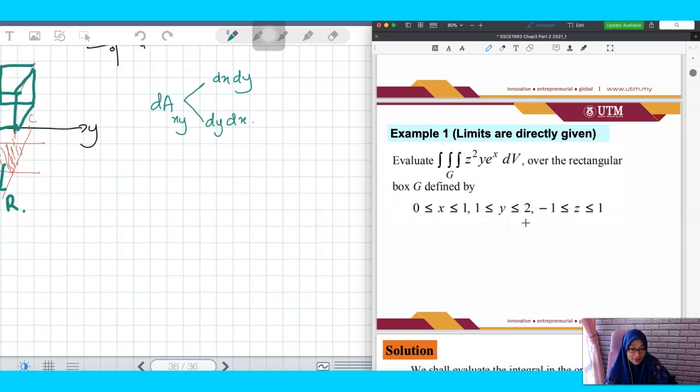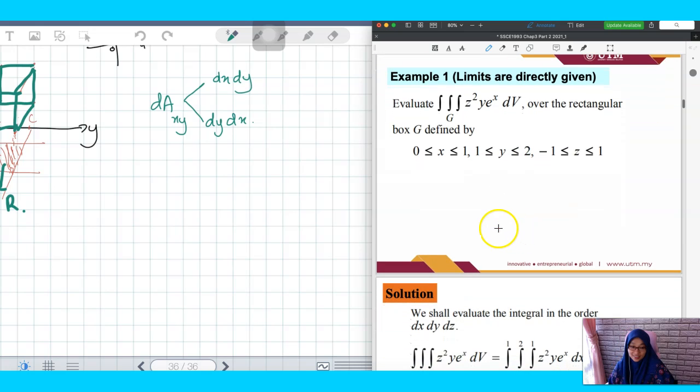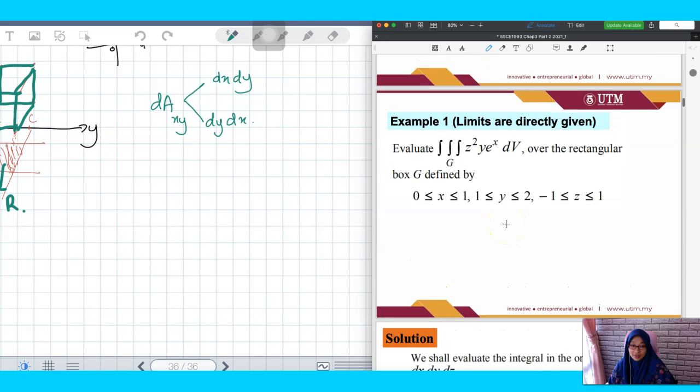But just to highlight, there is no such question in the exam. It is just to start the engine on this triple integral.